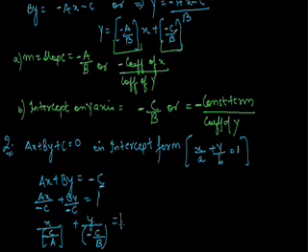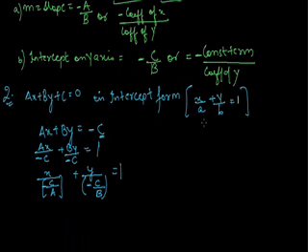As I can see, it has been changed into this intercept form, where small a equals minus c upon a and small b equals minus c upon b.